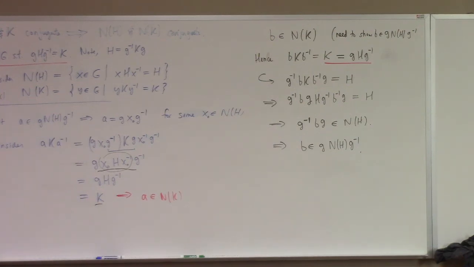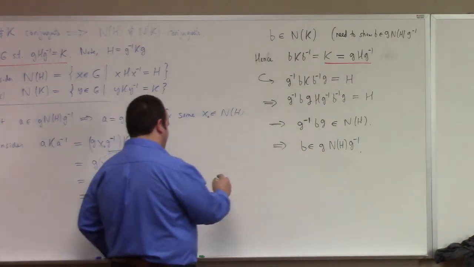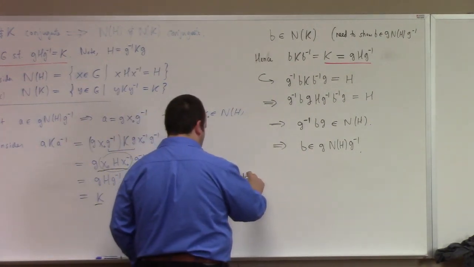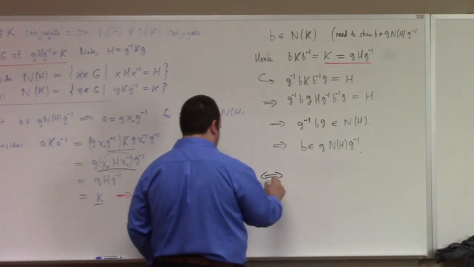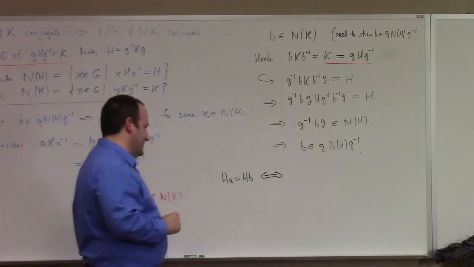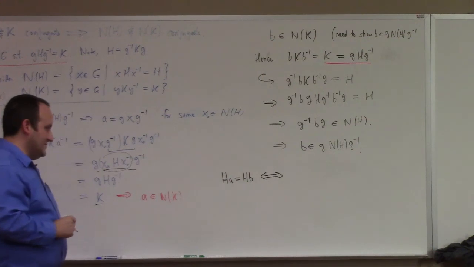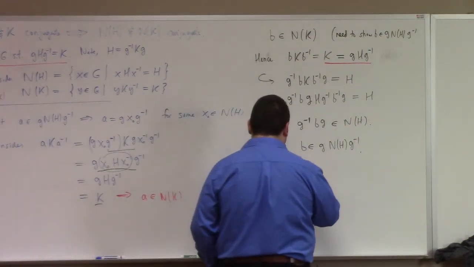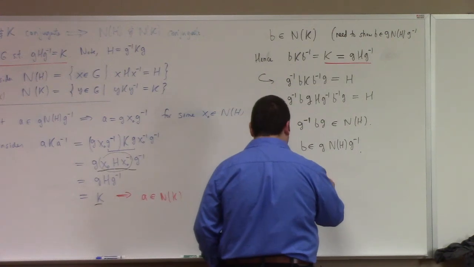Keep in mind that I might ask you something simpler on the test, like, for example, HA equals HB if and only if what? Right, so that is actually something you want to be able to prove carefully.